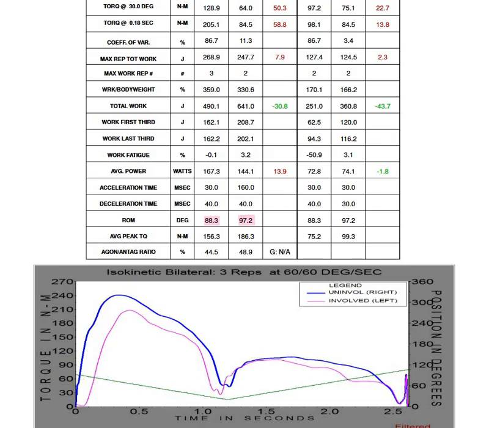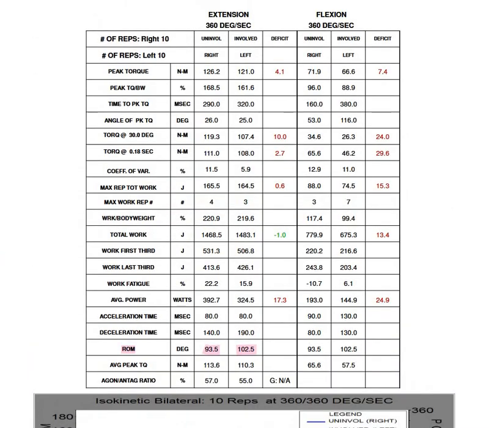So again, let's compare that 88.3, 97.2 with the 93.5 and the 102.5. How I would use this information is as a measure of the quality and the efficacy of the test. Was the participant moving through the full range of motion? Obviously that's going to be more likely with an easier test, a test at a higher angular velocity, 360 degrees per second.